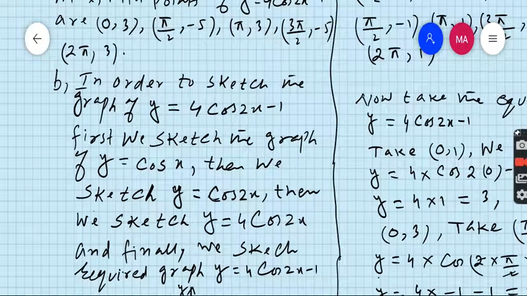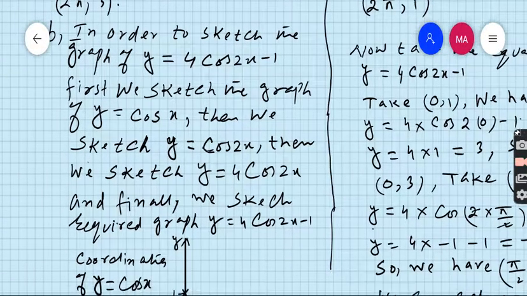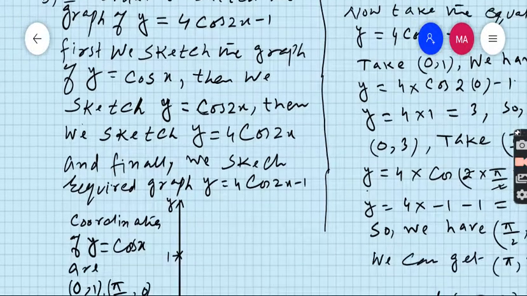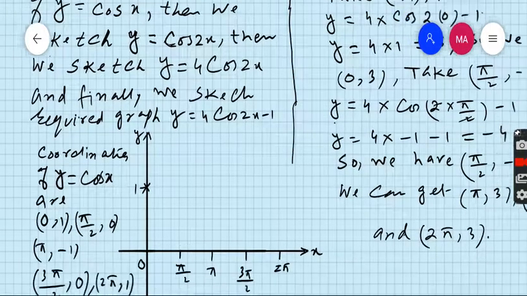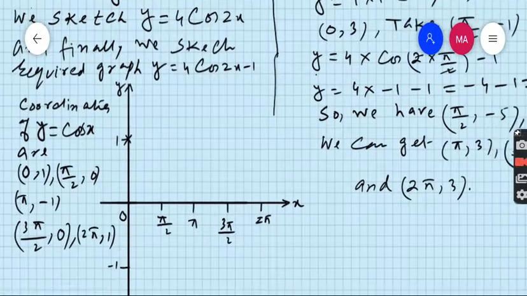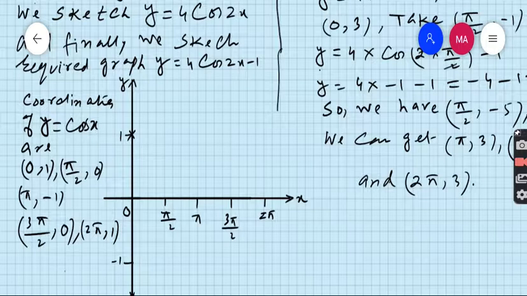First we sketch the graph of y equals cos x, then the graph of y equals cos 2x, then the graph of y equals 4 cos 2x, and finally our required graph y equals 4 cos 2x minus 1. Why do we draw all 4 graphs? Because I want to show you the change in amplitude, the change in period, and the change in y values.